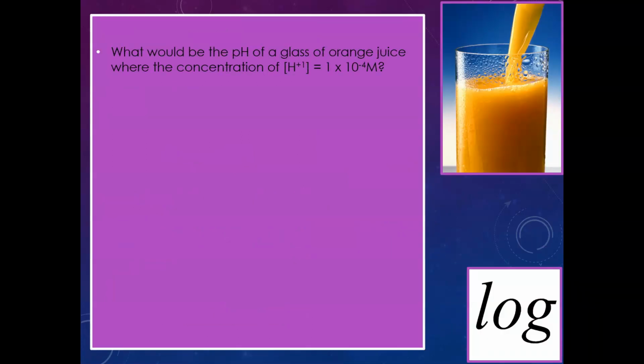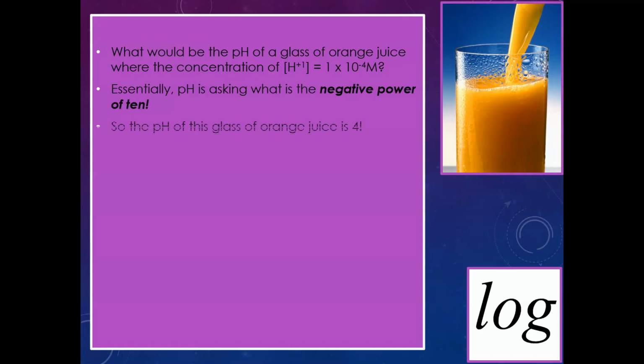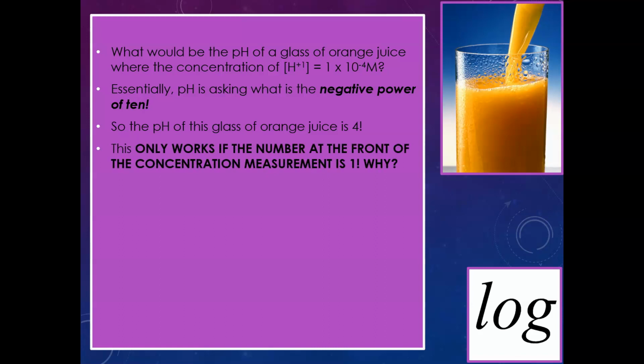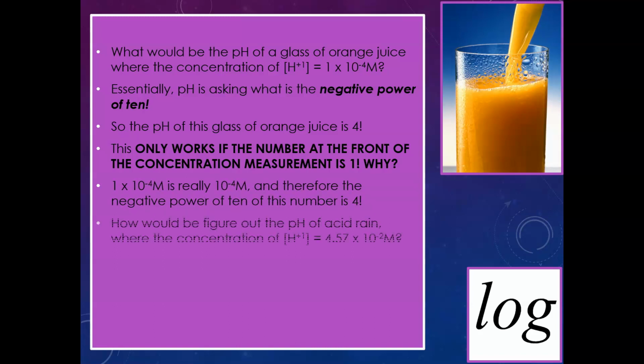So here, if I'm looking for the pH of a glass of orange juice, I'm going to use the pH. Basically, it's asking what is the negative power of 10. So I put this in negative log base 10 of 1 times 10 to the negative 4th, and I get that the pH is 4. Now, this is only going to work if the number at the front is 1. Why? Well, user easiness.